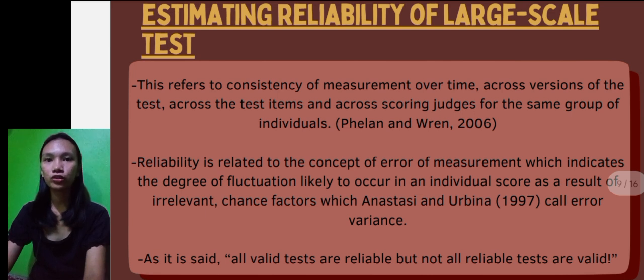Thus, an instrument with a large error variance is likely not to be valid since the scores are not indicative of the person's true score but are likely just a product of chance. So, as it is said, all valid tests are reliable, but not all reliable tests are valid. So, the more error variance, the lower the reliability, as the test results are less stable and consistent.